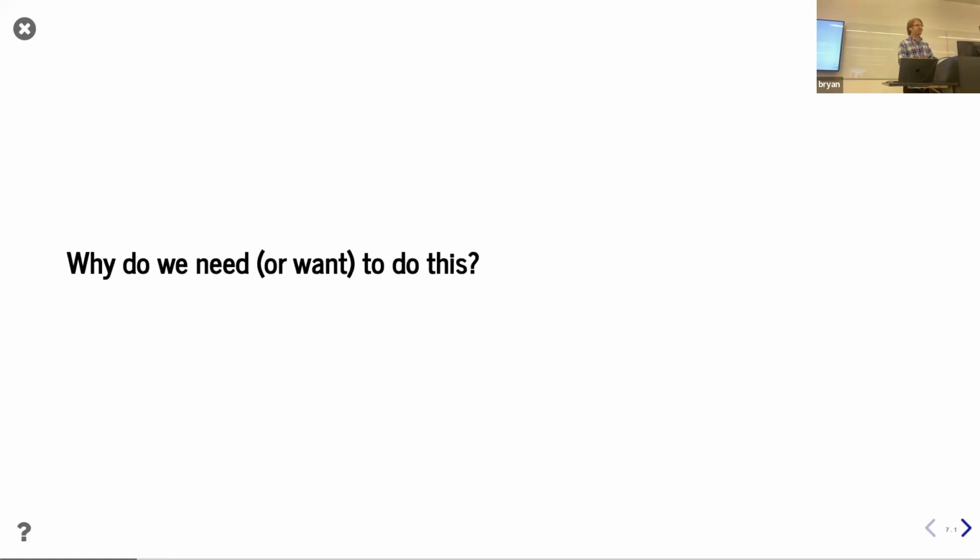Why do we want to reduce to a lower dimension?